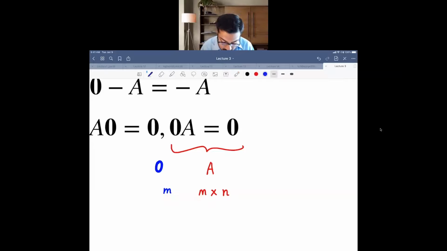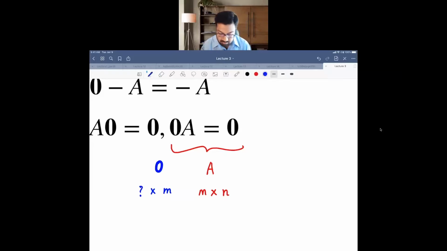But what about here? What can I have as the rows in the zero matrix? Anything. That's exactly right. So I can have anything over there, right?